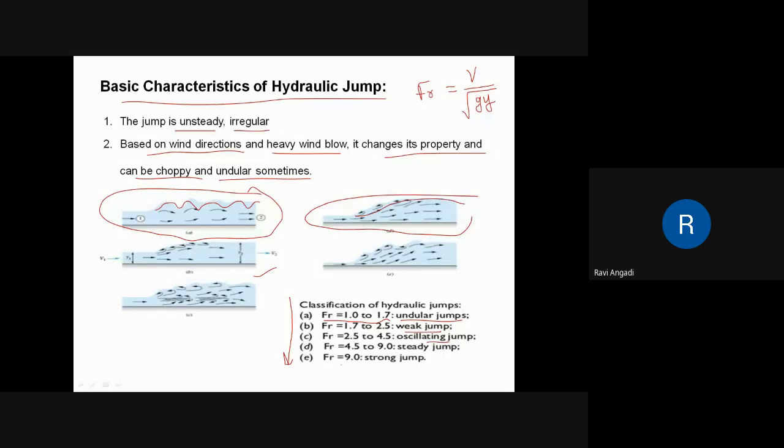If it is greater than 9, strong jump, this is called a strong jump. Understood, all of you, how it is classified? Yes, sir. Based on the Froude number, and you understood how the Froude number will be utilized in the channel, all of you? Is it clear? Yes, sir.